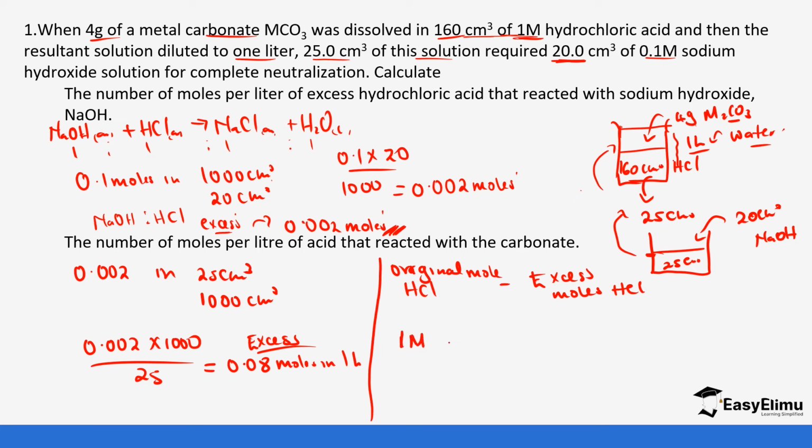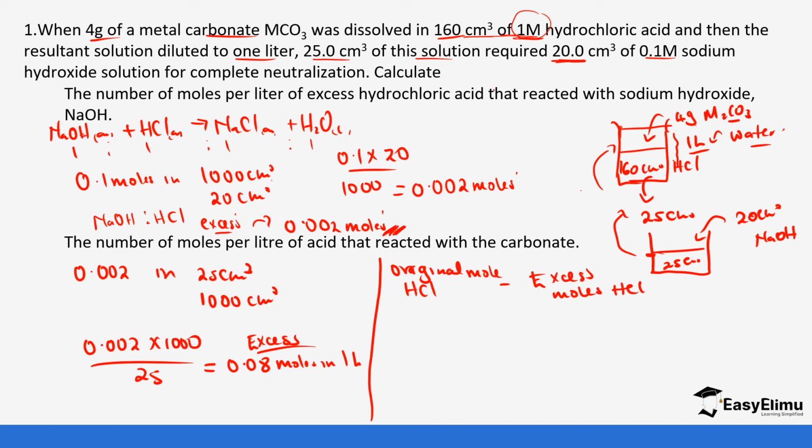And now we subtract the ones that reacted, which was 0.08 moles. So let's correct that. So the original moles of hydrochloric acid cannot be 1 mole because we said we dissolved 1 mole hydrochloric acid in 160 centimeters cubed, then topped up to 1 liter.